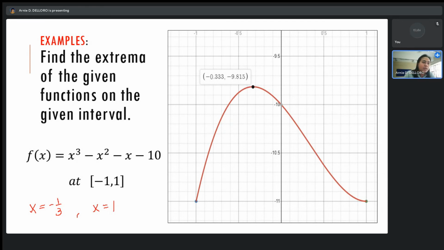Kasi kung mapapansin natin sa graph ng function, etong points na to, since both occur at y equals -11, these will be considered as our minimum points. Sila yung ating minimum points with the coordinates -1, -11 and 1, -11, since sila yung pinaka-lowest peak ng ating graph.